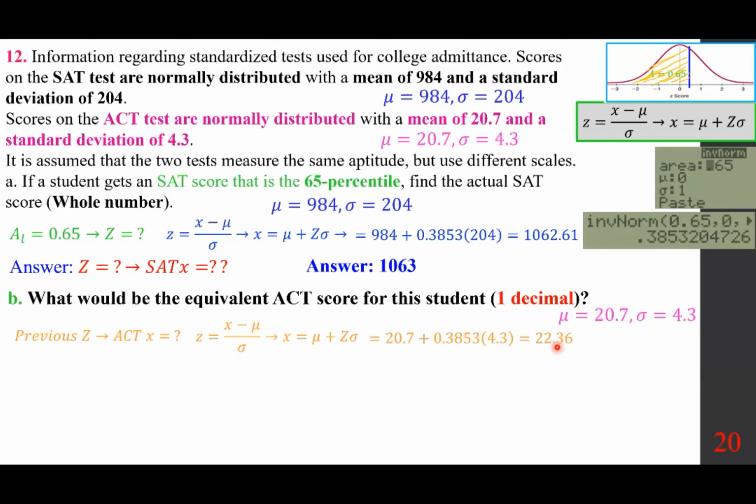So we want to use 3, next to it is 6, we take it up. It becomes 22.4, which means a SAT score of 1063 is equivalent to an ACT score of 22.4. That's the meaning of it. And they both have the same z-score of 0.3853204 and continues.